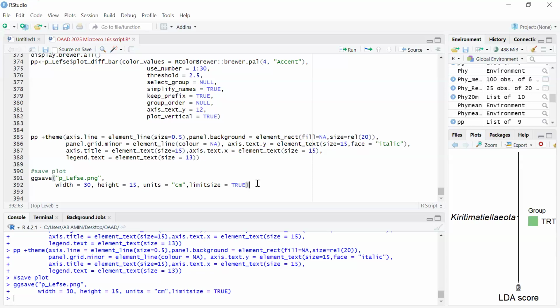So these are some of the ways you could identify novel species or novel bacteria or microorganisms in your samples. Basically it's the cladogram and the LEfSe. They can also do other phylogenetic analysis to pinpoint specifics at the species level, or even at the genus level or the phylum level as well.